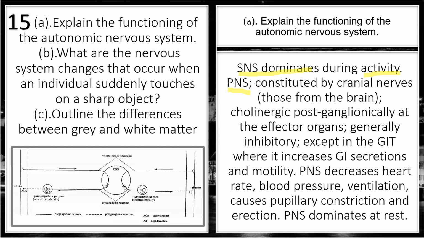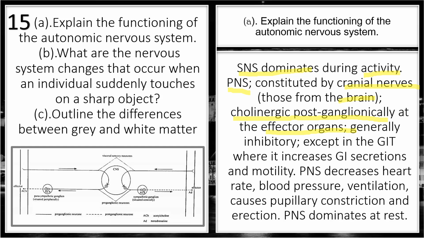Parasympathetic nervous system constitutes the cranial nerves, those from the brain. Most of its nerves come from the brain, and it is cholinergic postganglionically at the effector organ.